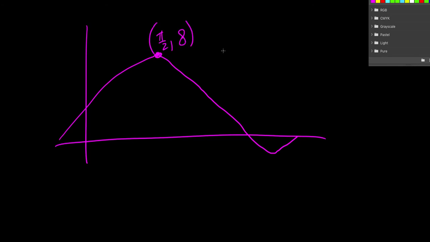Okay, so we have that, and then we're told that basically what this is telling us is that we've changed the amplitude and we've moved it up or down. And then we're told that this point is 7 pi 6, 1/2.